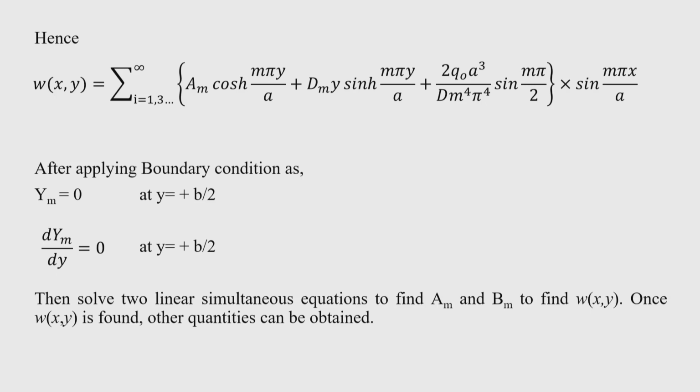So, when you obtain A_m and D_m, your problem is solved, that means the deflection series is completely known, and then after obtaining the deflection you can explore other quantities. That means, if you want further, say bending moment, shear force, you can derive them from the deflected quantities. Okay.